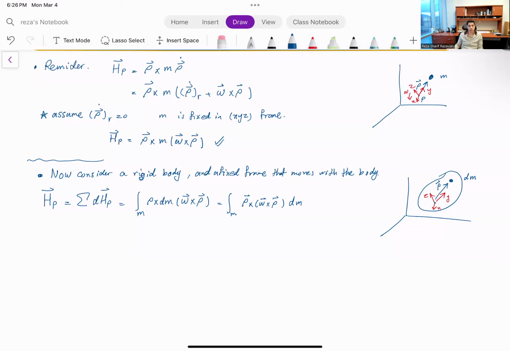I can write the components of these vectors along the little x, y, z, my moving body-fixed frame.